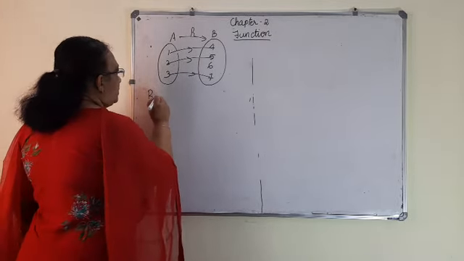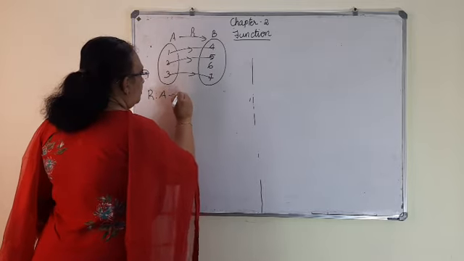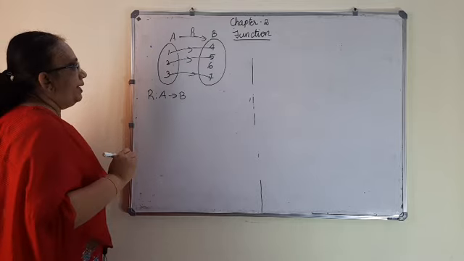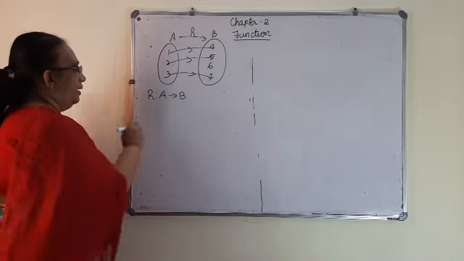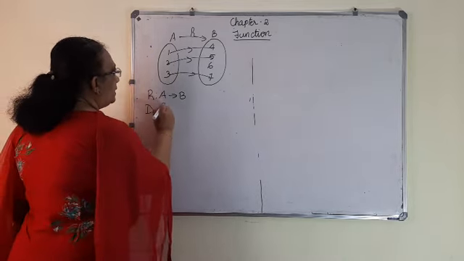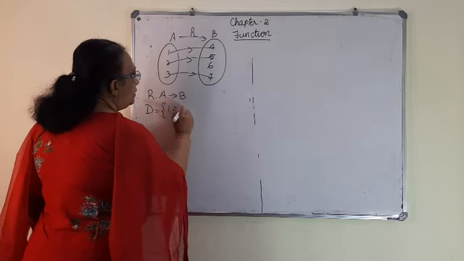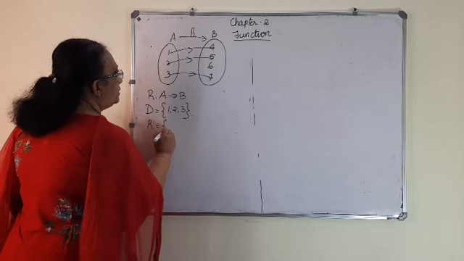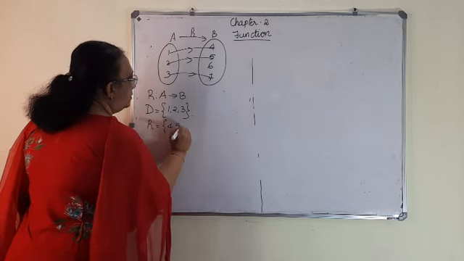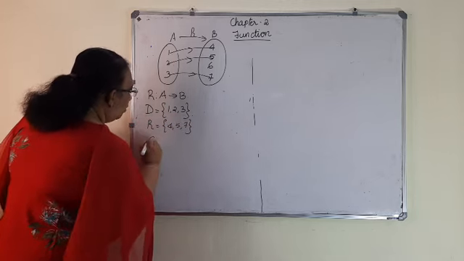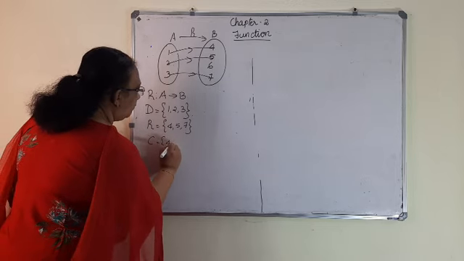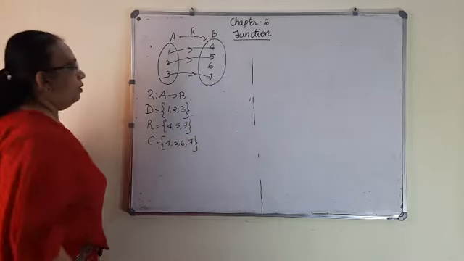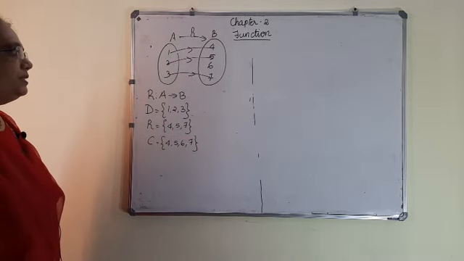There is a relation from A to B, and all elements of the domain set have images in B. So the domain set is 1, 2, 3. The range set is 4, 5, 7. And the codomain set is 4, 5, 6 and 7.